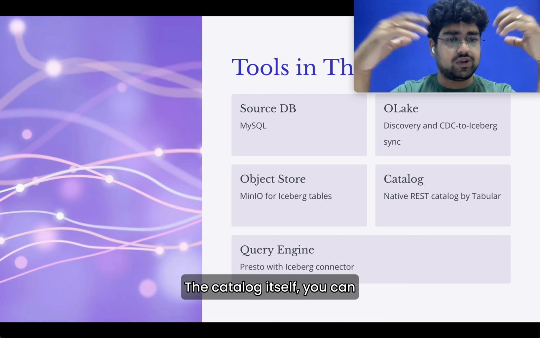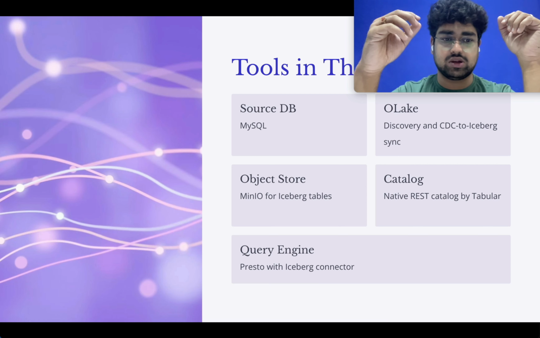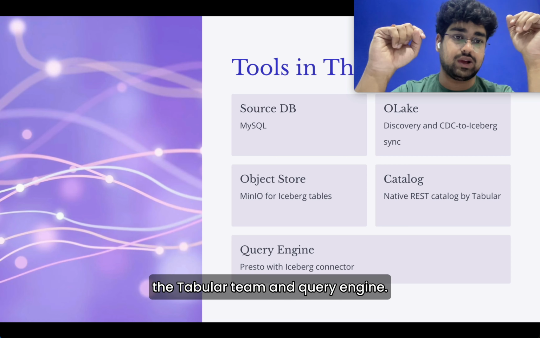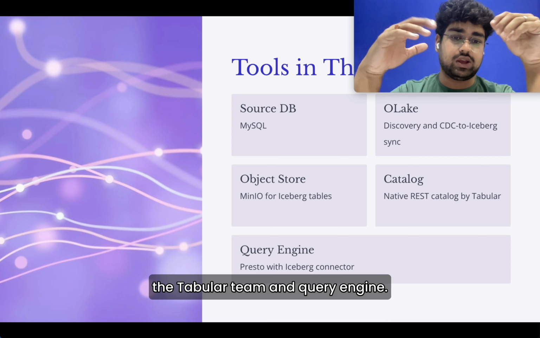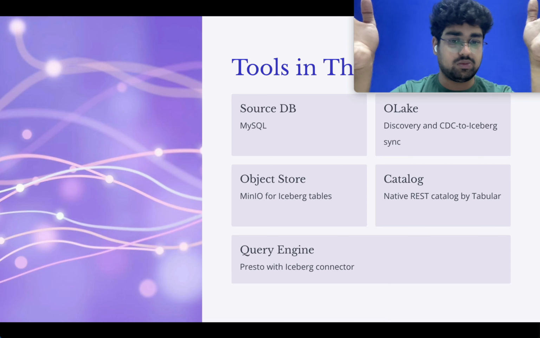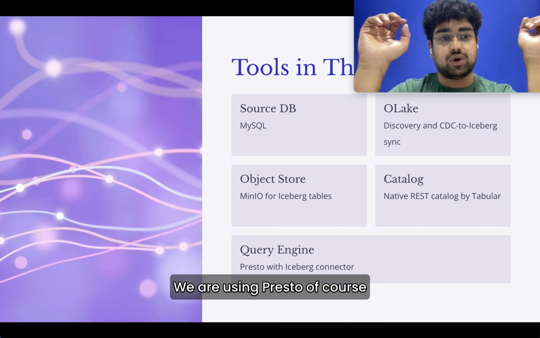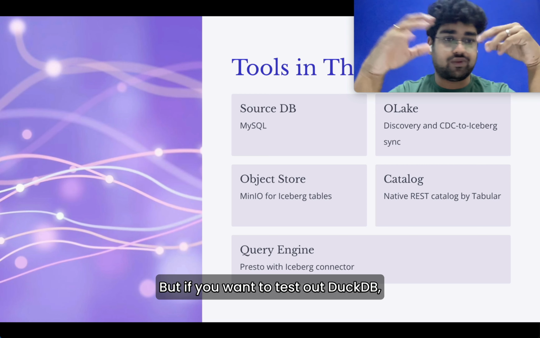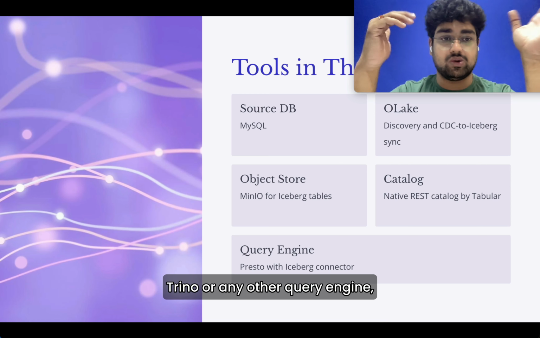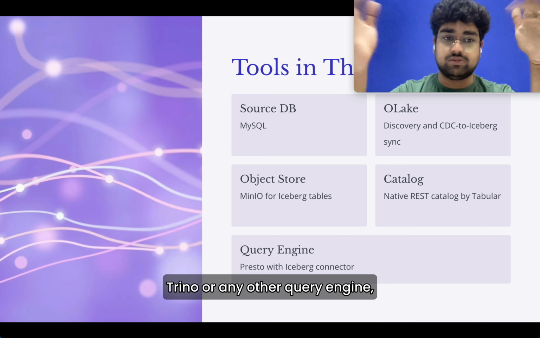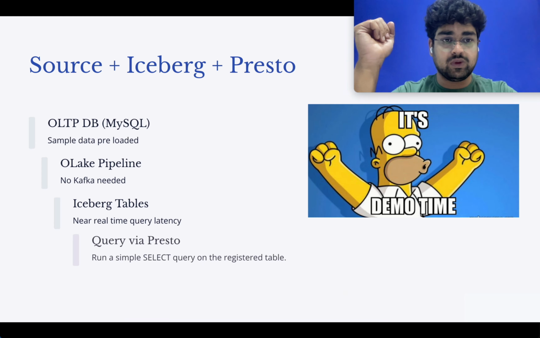The catalog itself, you can try out multiple catalogs. We are using the REST catalog by the Tabular team. For the query engine, we are using Presto, of course, to show the integration, but if you want to test out DuckDB, Trino, or any other query engine, happy to check it out.